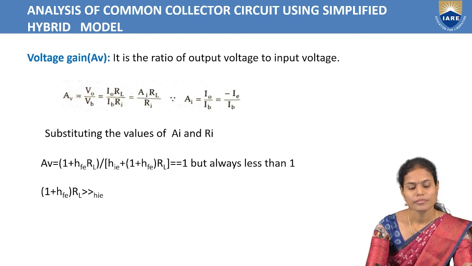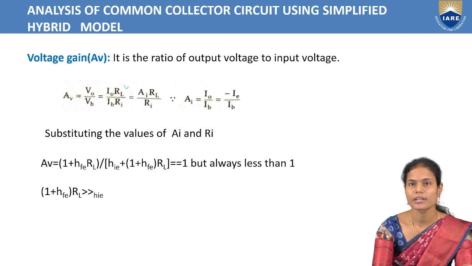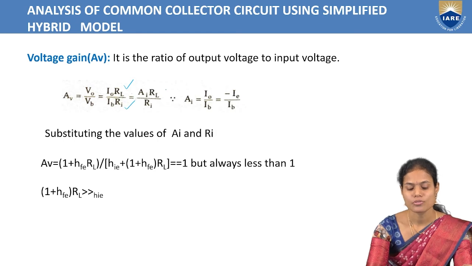And similarly, to find the voltage gain, that is the ratio of output voltage to input voltage, that is V0 by VB. So V0 is nothing but output current into load resistance. VB is nothing but base current into input impedance. So that is I0 by IB, which is nothing but the current gain AI, into RL by the input impedance.